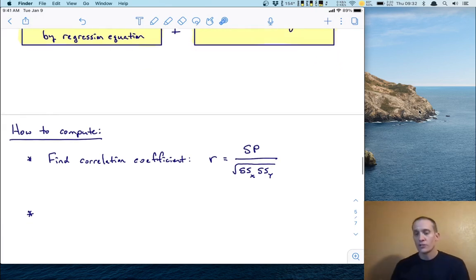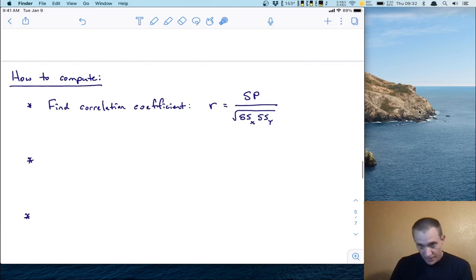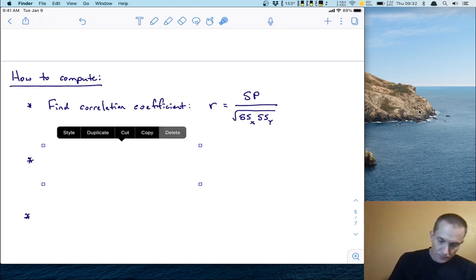Once we find the correlation coefficient, there's a nice thing that we get to use. You may remember from other courses that when you get the correlation coefficient r and you square it, that actually tells you how much of the variability is accounted for by the variable that you're predicting it with, r squared. So let's see how we can use that here.